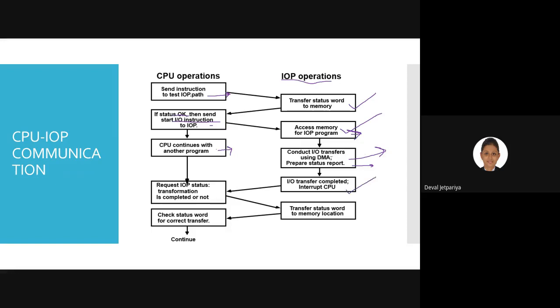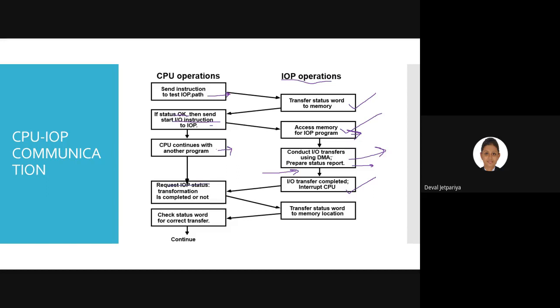Why will the IOP request to interrupt the CPU? Just so that the CPU will acknowledge this particular process. For that purpose, it will generate an interrupt towards the CPU. The CPU responds to that interrupt by issuing one instruction, which is read IOP status.